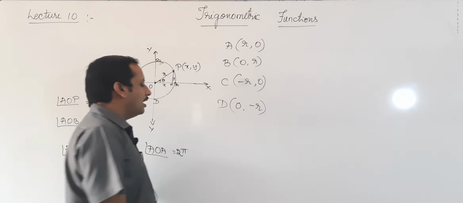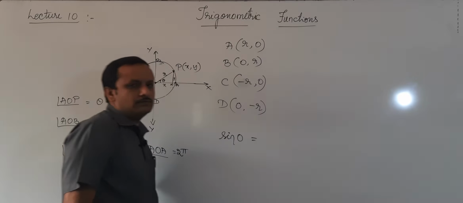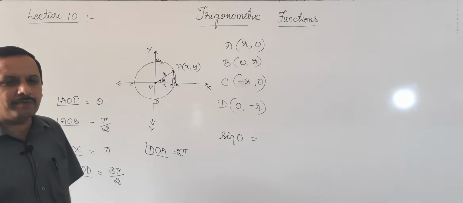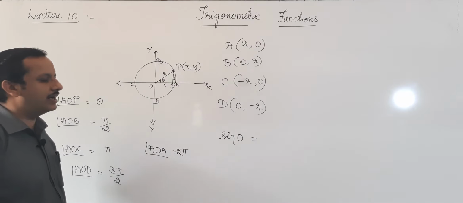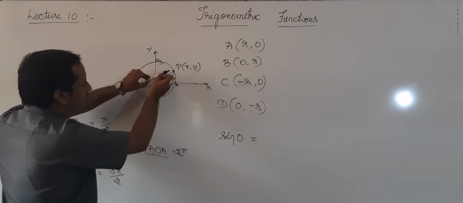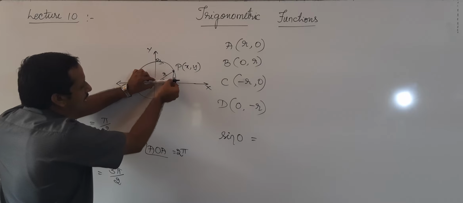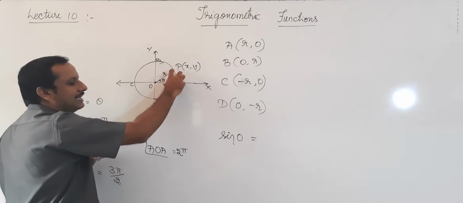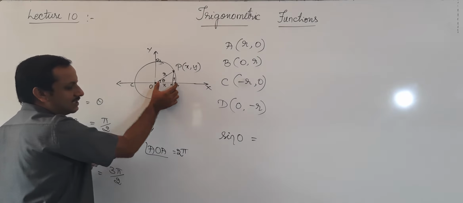Now I want to know what is the value of sine 0. Sine theta is defined as opposite by hypotenuse, so sine theta is equal to y by r. As I bring this point closer and closer to A, theta reduces, this length y also reduces, and this length x increases.